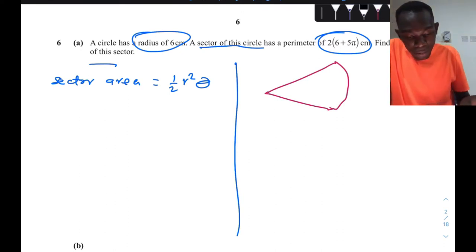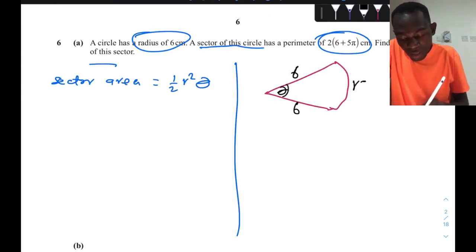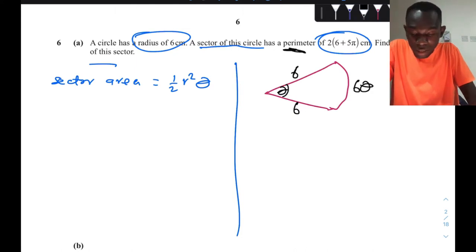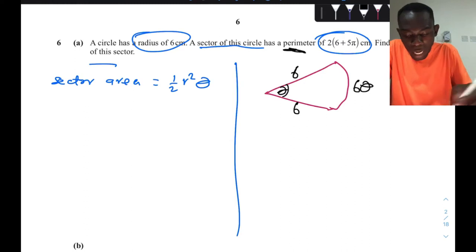So if the radius is 6, and this will also be 6, let's call this theta, so that the arc length is rθ, but the radius is 6, so the arc length will be 6θ, right? Now, they are saying that the perimeter is what they have given us, 2(6 + 5π). So what is the perimeter of this sector that we have written?